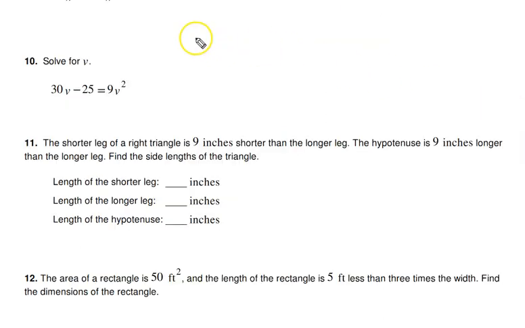Now, a lot of work that we did in factoring was so that we could solve these quadratic equations. And if you recall, the formula was, put it in standard form, 9v squared, which is this 9v. Now I'm going to transpose this 30 over, so it becomes a negative 30v, and transpose this over, so it becomes a positive 25.